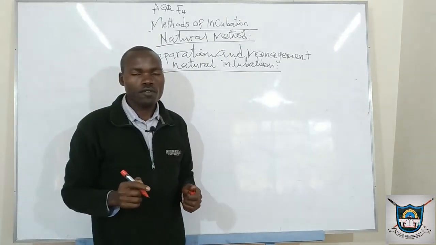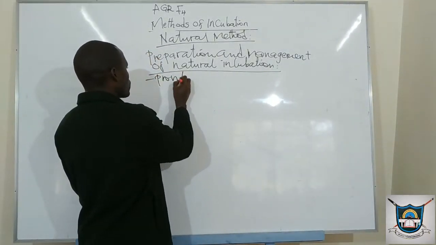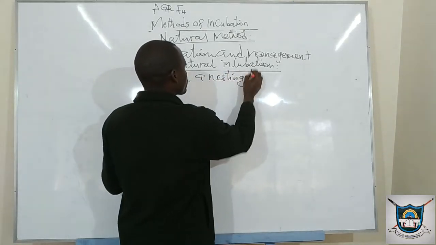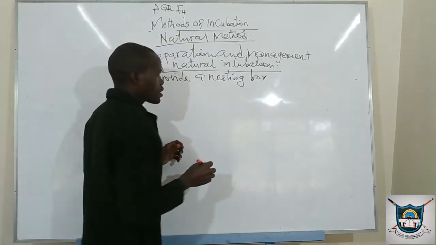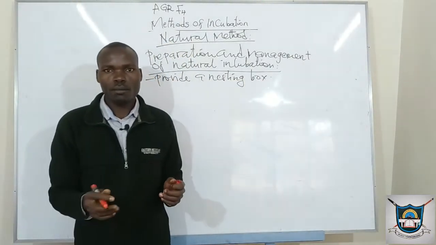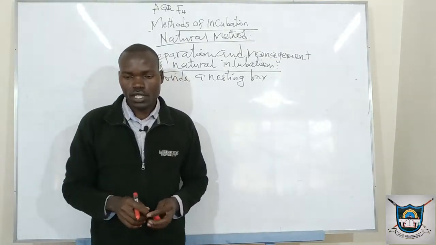One, you provide a nesting box. A nesting box is just an ordinary box, but now it is modified, whereby you are going to place your eggs and then you allow the hen to sit on them inside it.